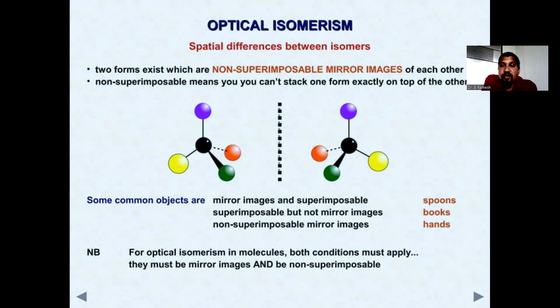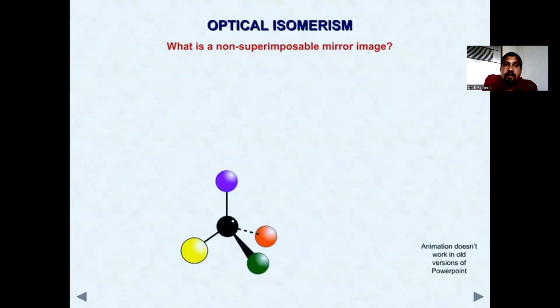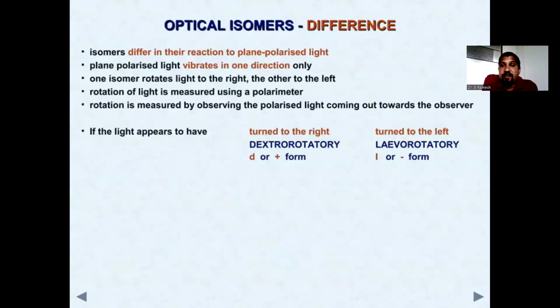Most organic compounds are non-superimposable on their mirror images, but we can't say all; some organic compounds have superimposable mirror images too. So we studied superimposable and non-superimposable. The best example is a chiral center containing compound: lactic acid. Lactic acid has one OH, one hydrogen, one CH3, and one COOH. If you show that structure in front of a mirror, it appears oppositely.